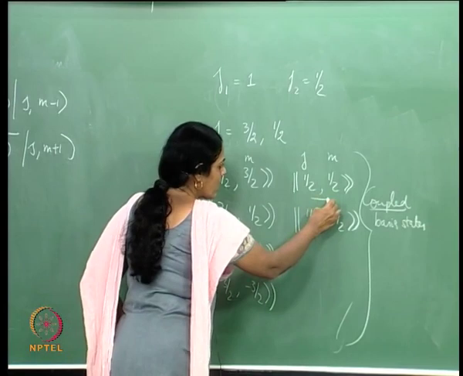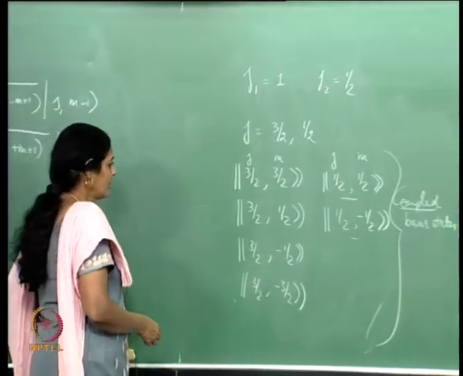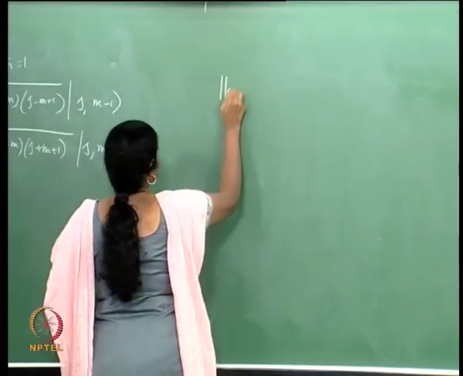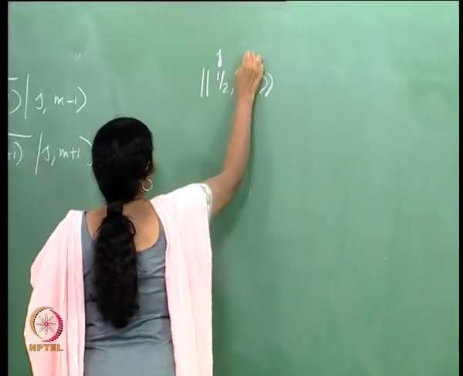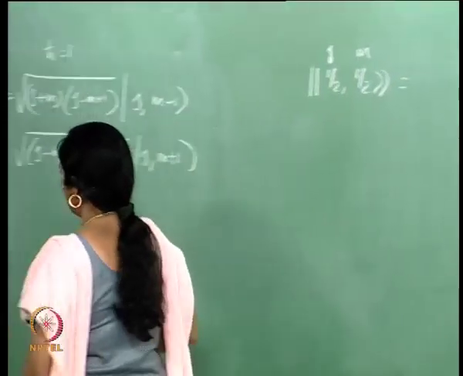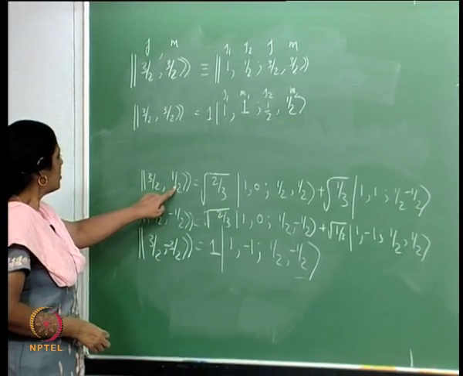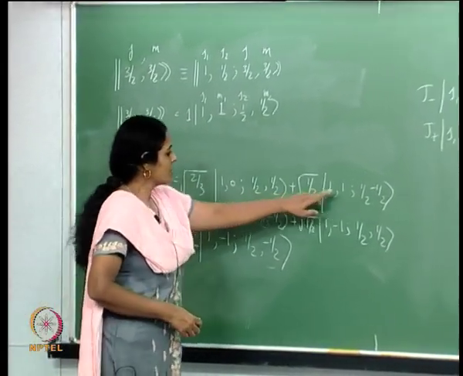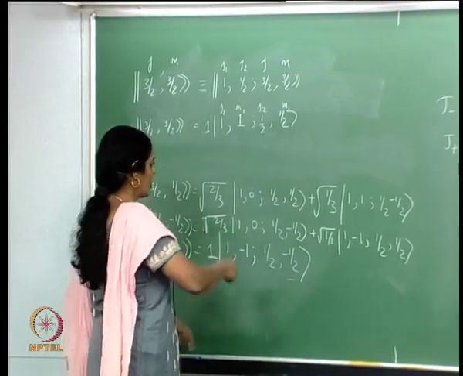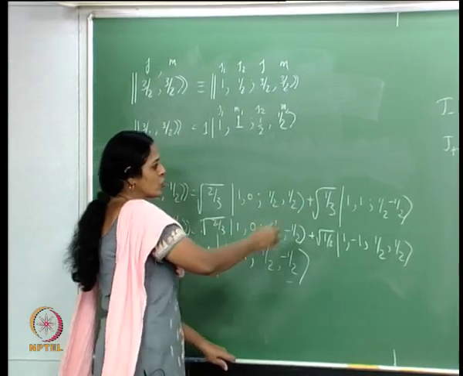I need to find half comma half and half comma minus half. Now I do the following. Consider the state half comma half. This is J and that is M. Half comma half is like 3 by 2 comma half in the sense it has the same uncoupled states contributing to it, 1 comma 0 with plus half and 1 comma 1 with minus half, but the coefficients would be different.